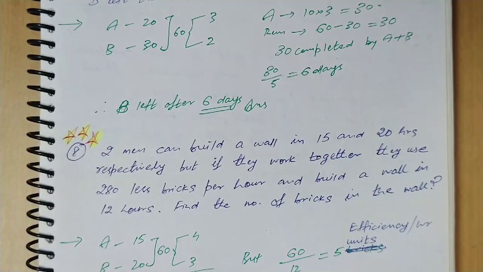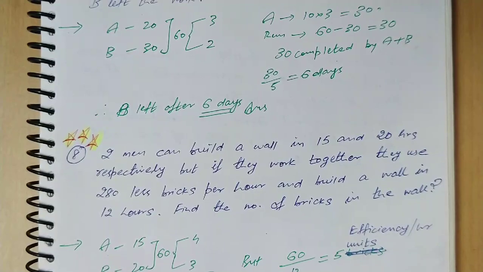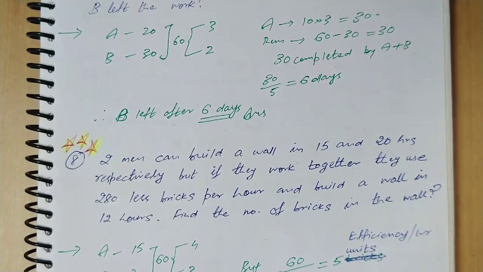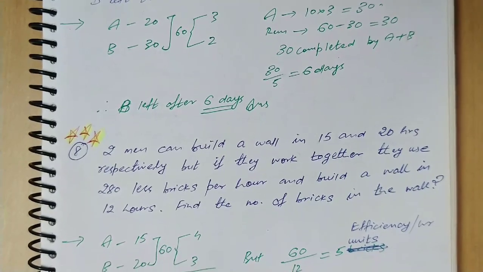Alright, moving on to the next question. Question number 8. 2 men can build a wall in 15 and 20 hours respectively, but if they work together, they use 280 fewer bricks per hour and build the wall in 12 hours. Find the number of bricks in the wall. Alright, we will take the LCM.